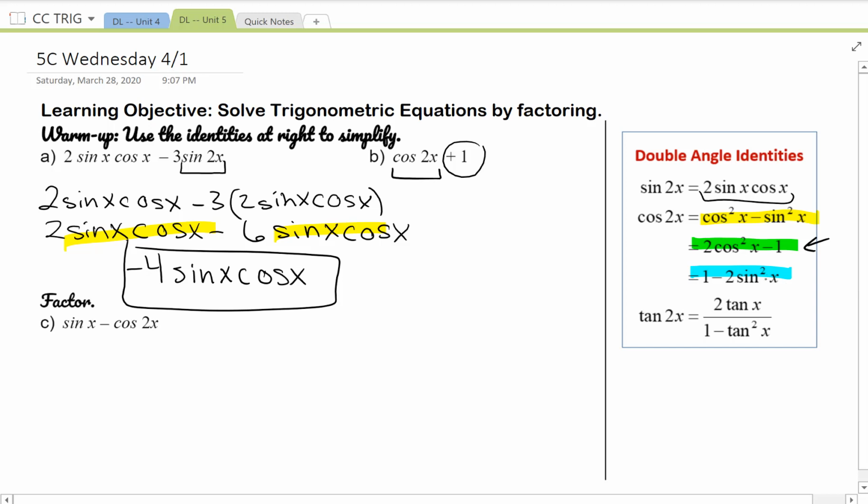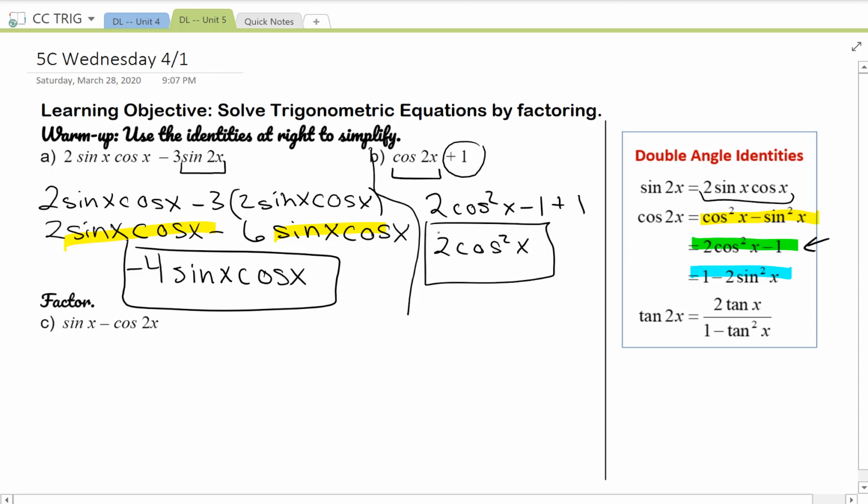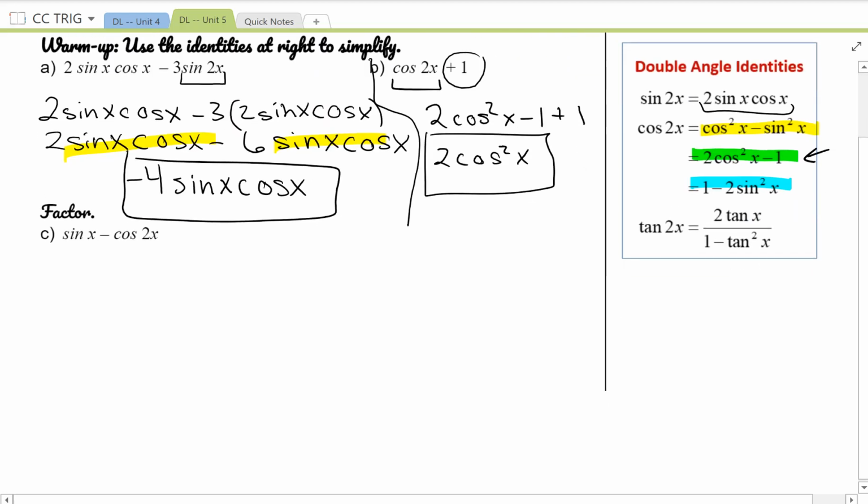Substituting any of these would still be correct, but I want to choose one that makes my life easier later, especially when it gets to solving these equations. So I'm going to replace with the green one. 2 cosine squared x minus 1, and then drop the plus 1. That is 2 cosine squared x. One term, okay? That would make our lives easier if we were solving that in an equation.